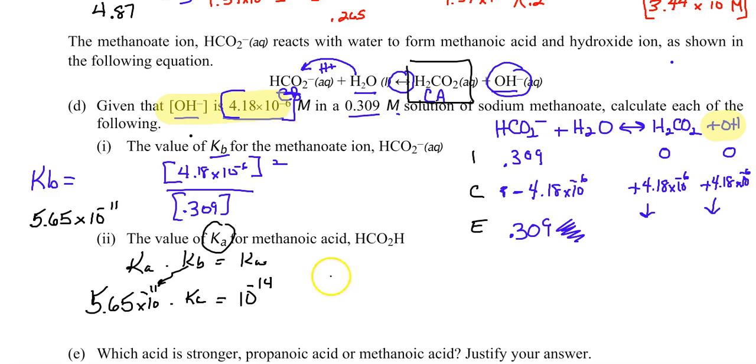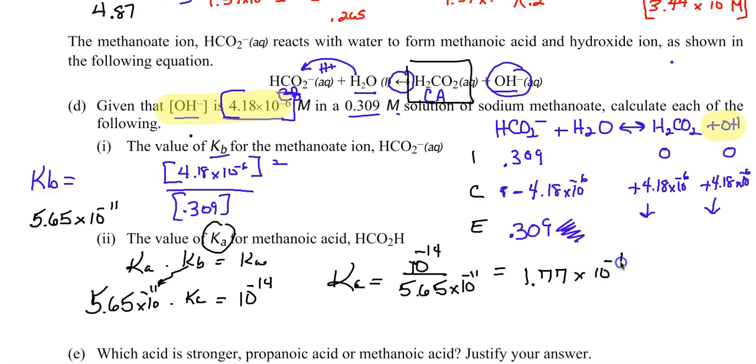So when you solve for Ka, it's equal to what? 10 to the negative 14 over 5.65 times 10 to the negative 11. So we put that in our handy dandy calculator, and we get 1.77 times 10 to the negative 4.